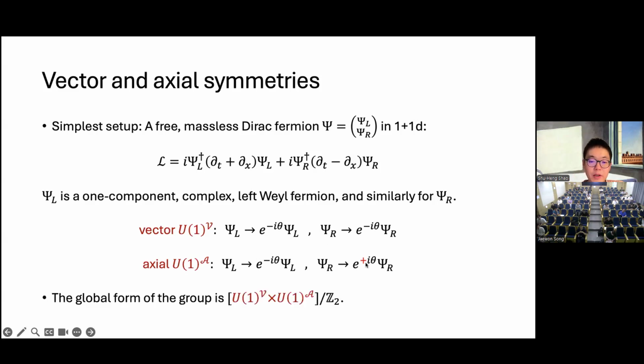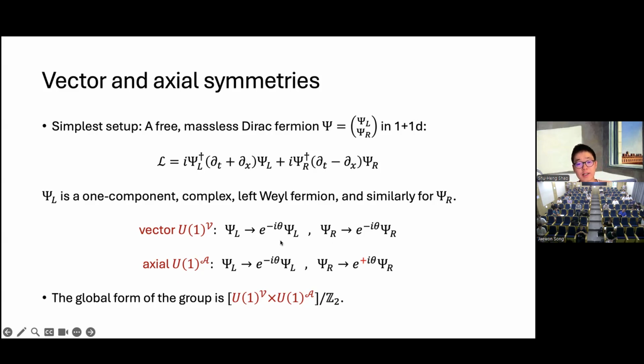In fact, a better way to write the symmetry is to think about a U(1) left that only rotates the left movers and a U(1) right that only rotates the right mover. But for reasons that will become clear later on, it's better to organize the symmetries into the vector and the axial one. Now there's a Z2 quotient between the two U(1)s.